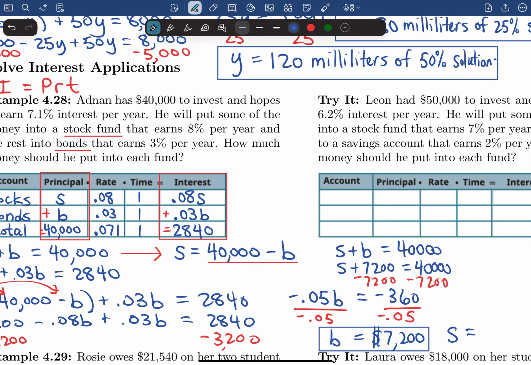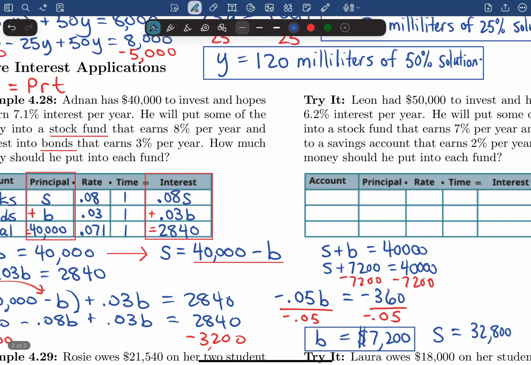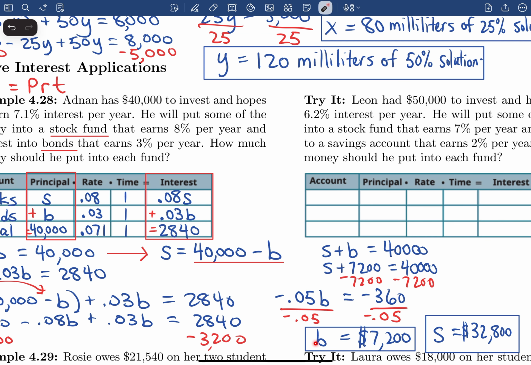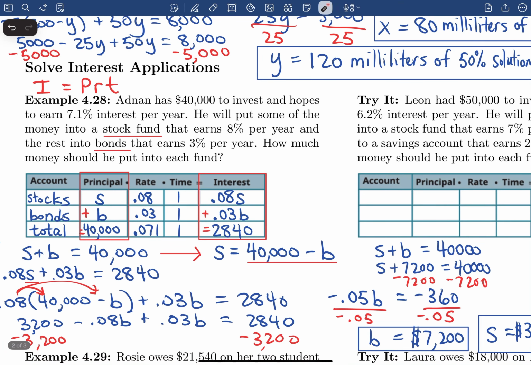Well, 40,000 minus 7,200 is $32,800. Okay? There we go. So we now know how much to put into the bonds and how much to put into the stocks. And that is going to yield a 7.1% interest per year, which is a pretty dang good interest rate. Okay? So there's that process, for example, 4.28.